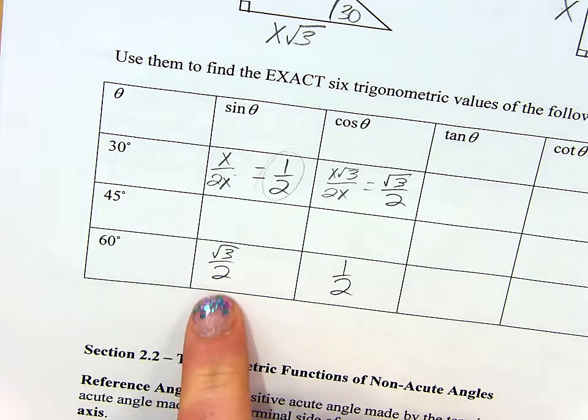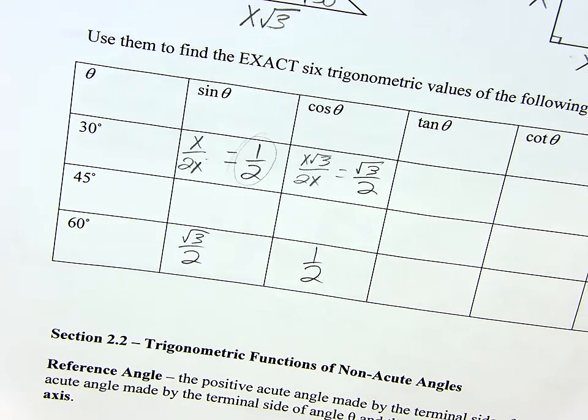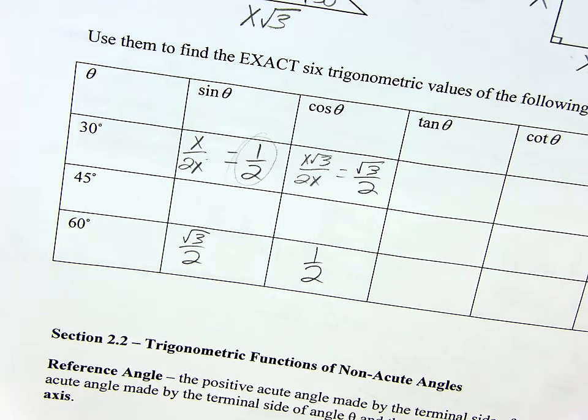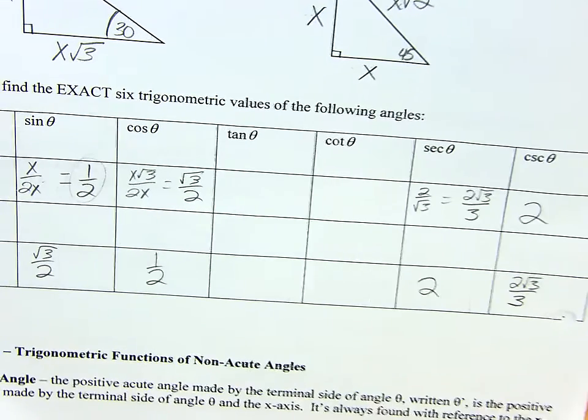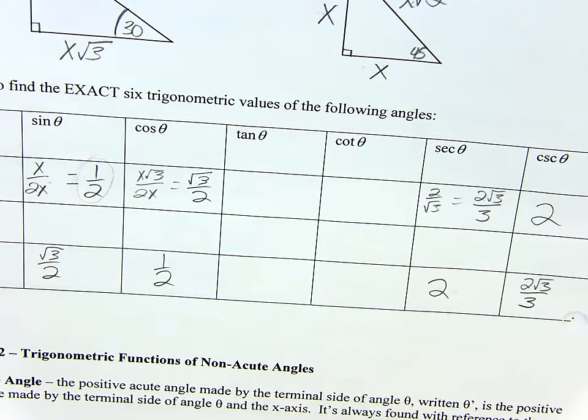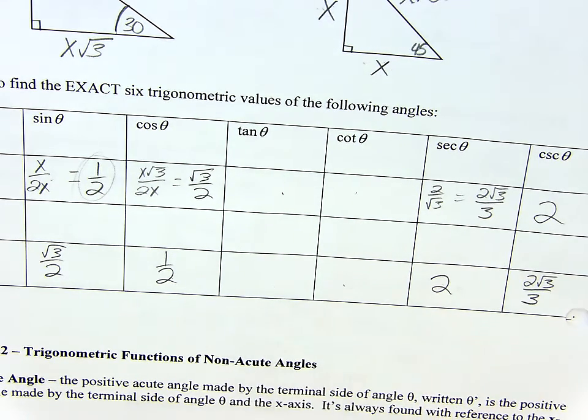And its reciprocal, cosecant, would have to be 2 root 3 over 3. And then if I do tangent of 30, I should be able to get these 4 boxes. And then I'll at least have those 2 rows done completely.